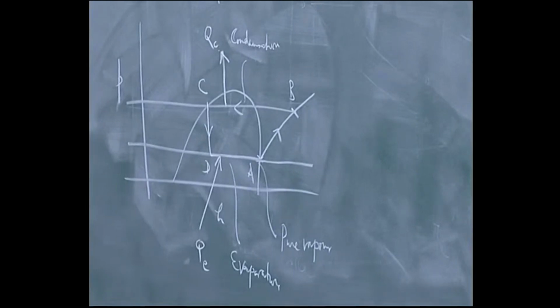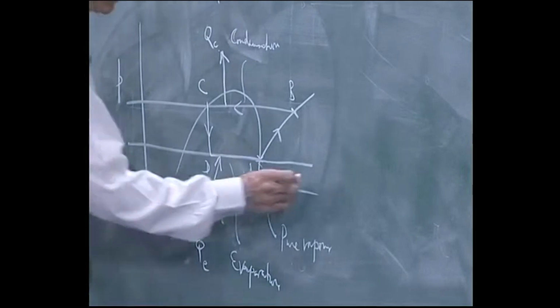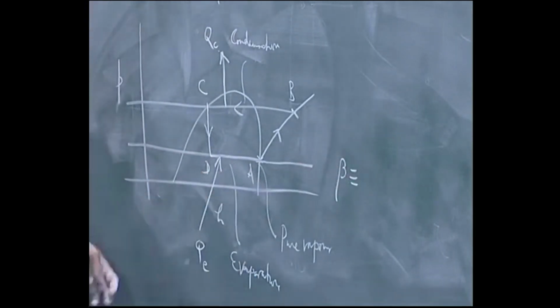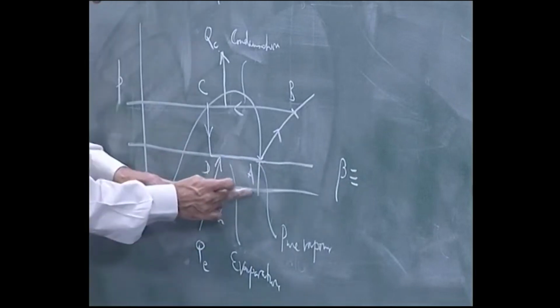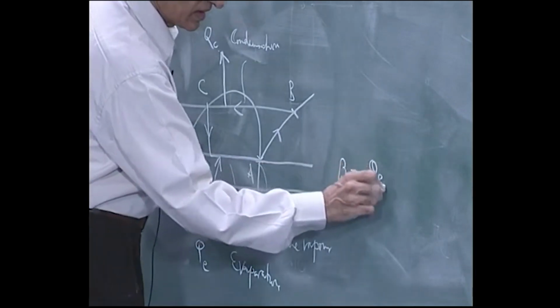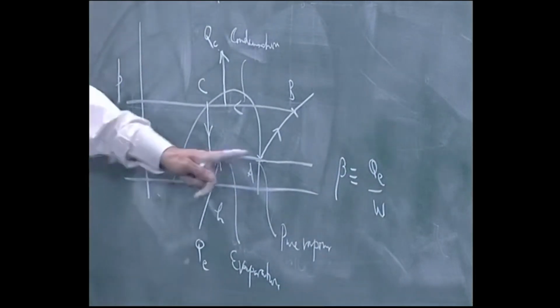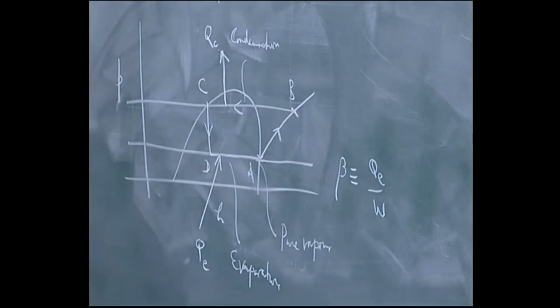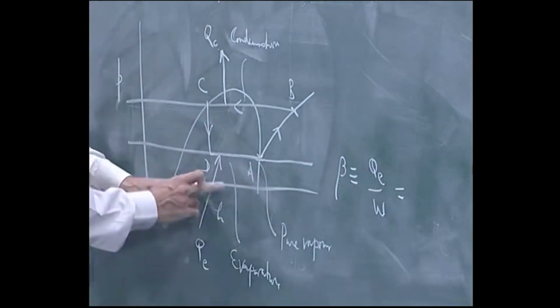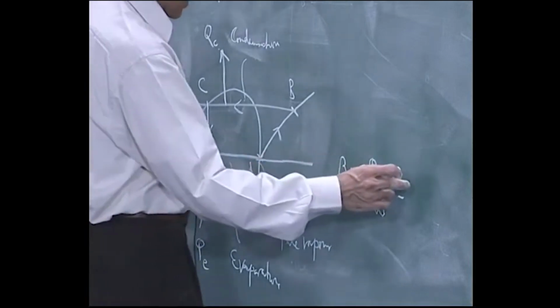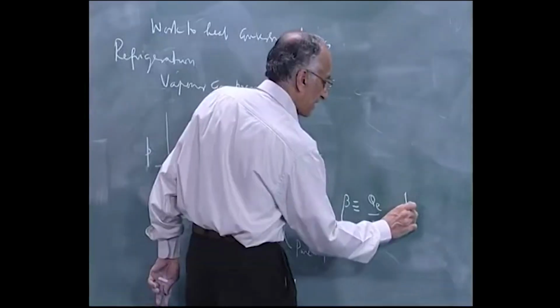Since you are interested in the extent of cooling, the coefficient of performance for such a cycle is the amount of cooling that you produce, which is QE, which is HA minus HD, QE by W. This is where the work is. For this isobaric process, the total heat that is removed is HA minus HD.